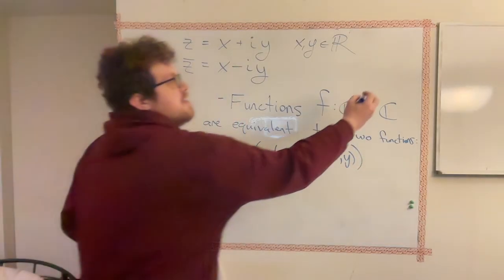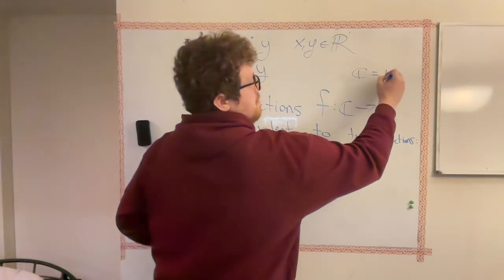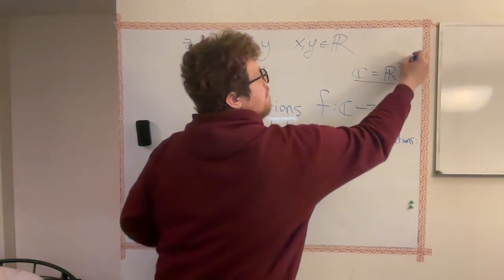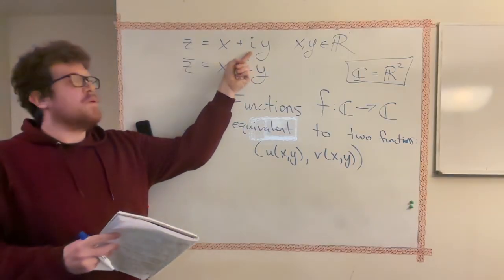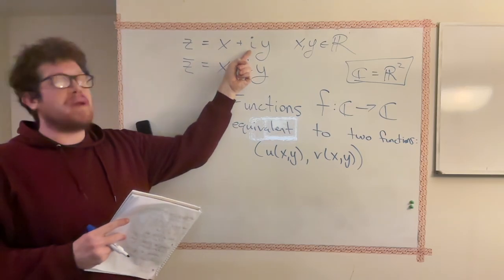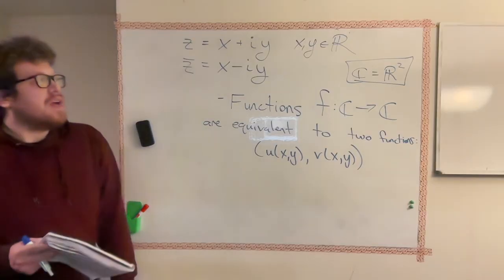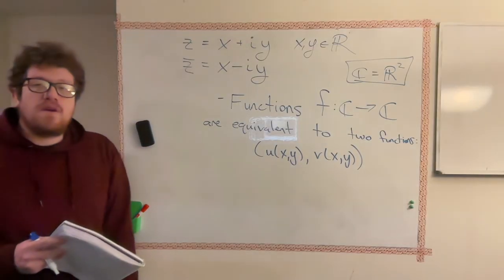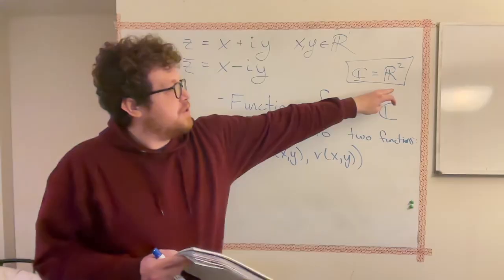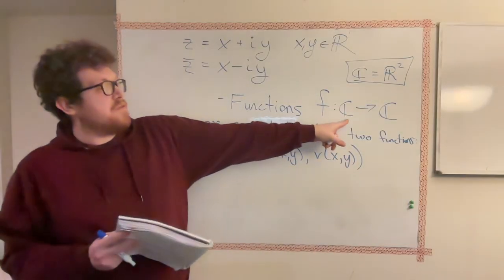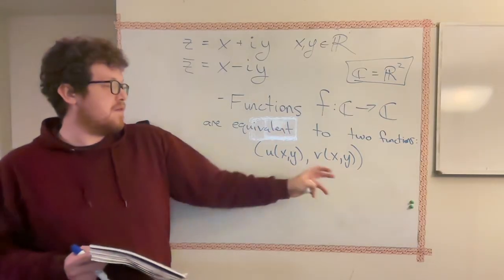C, essentially as a set, is equivalent to R2, a two-dimensional plane. You have one basis element orthogonal to 1, which is i. If you ignore the algebra structure and just look at the vector space structure, it's essentially R2. Which means functions from R2 to R2 are just two functions of two variables: u of xy and v of xy.